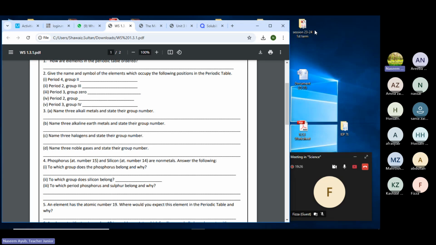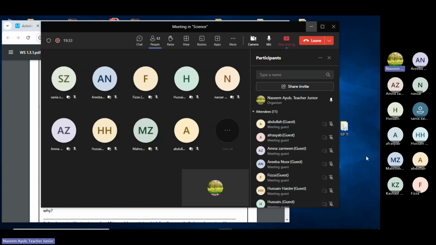What are halogens and what are their group number? No? Okay. Yes, Amna, can you tell what are halogens and what are their group numbers? Okay, Sania wants to share. Yes, Sania, please tell what are halogens?